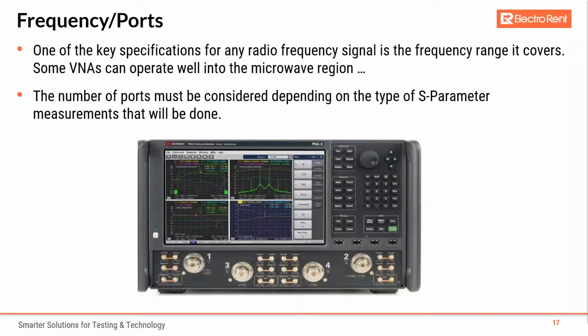Higher frequency units, such as 40 gigahertz models, can have 2.92 millimeter or K connectors as they're called. Higher frequency models than that, in the 50 gigahertz range or so, can have 2.4 millimeter connectors, and then 67 gig models may have 1.85 millimeter connectors, or even higher at 1.0 millimeter.